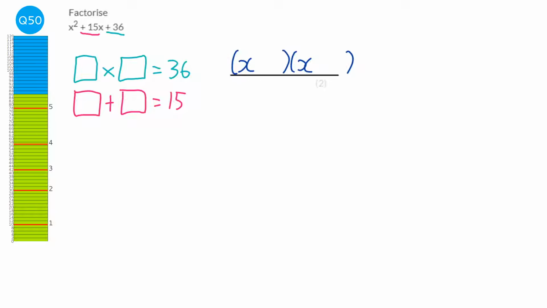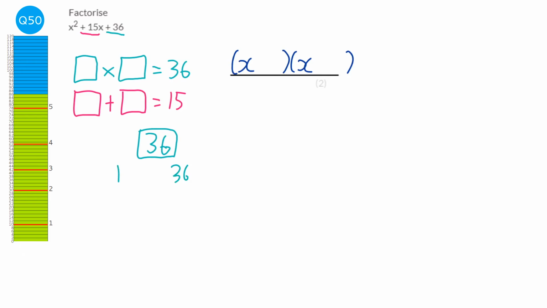Now, if you can figure out the answer in your head, that's absolutely fine. If not, you can just quickly write down the factors of 36. Because they multiply together to make a positive 36, they'll either both be positive or both be negative, but they add together to make a positive number. So we're just looking at the positive factors.